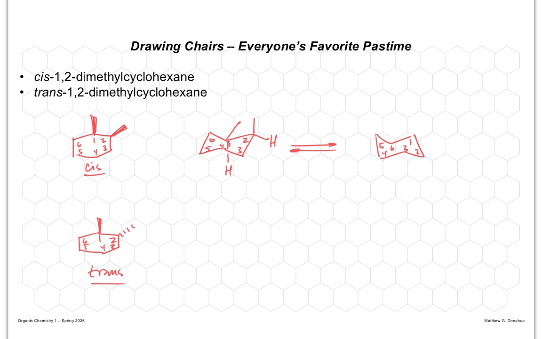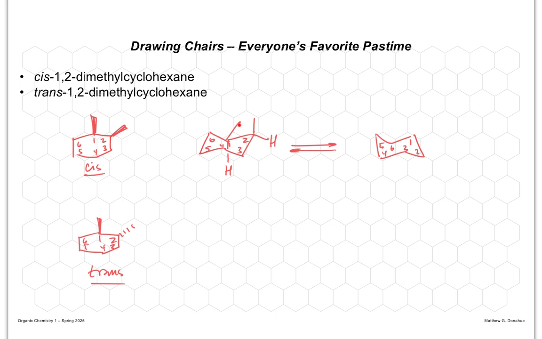When we do the chair flip, this would be an example of that. So if the blue is the axial methyl and the red is the equatorial, when we chair flip it, the red's going to become axial and the blue's equatorial. And so we have to represent that now in the chair flip on the right-hand side.